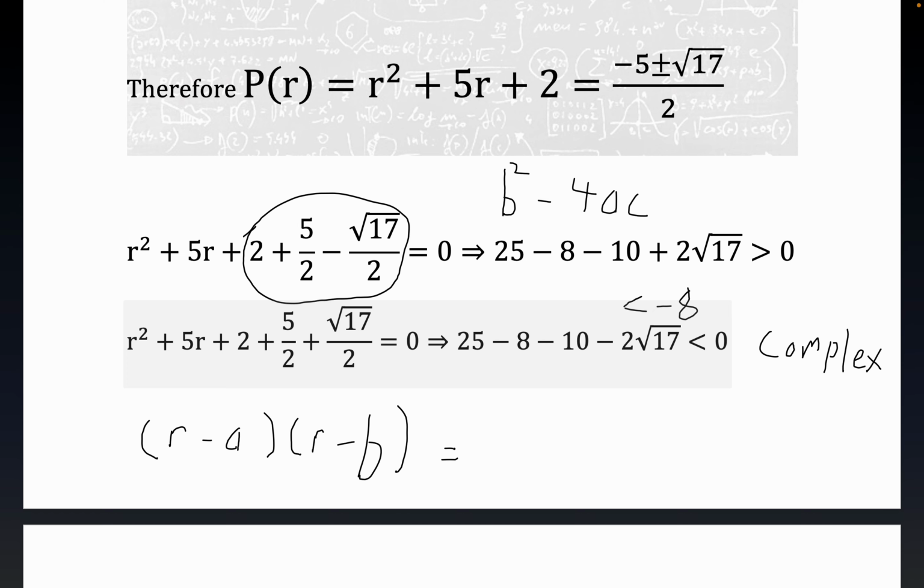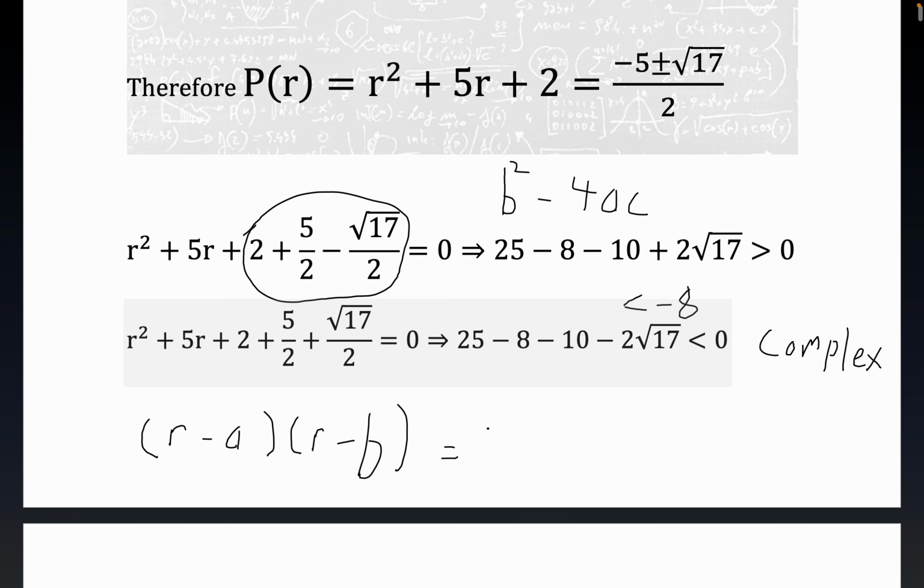Okay, of course, this means the same thing. This is just Vieta's for the quadratic. This is equivalent to R squared minus A plus B R, and then again, these minus signs cancel when you multiply, so you have plus AB.